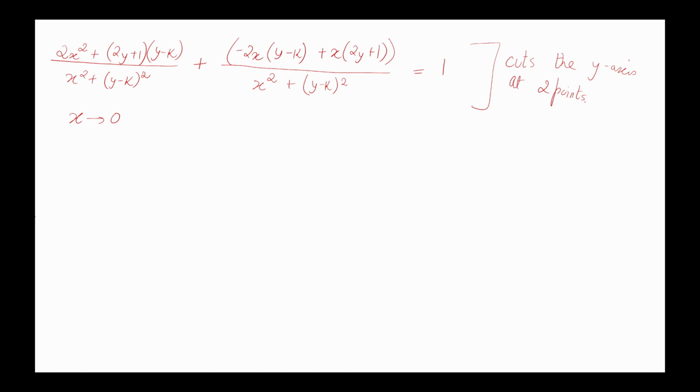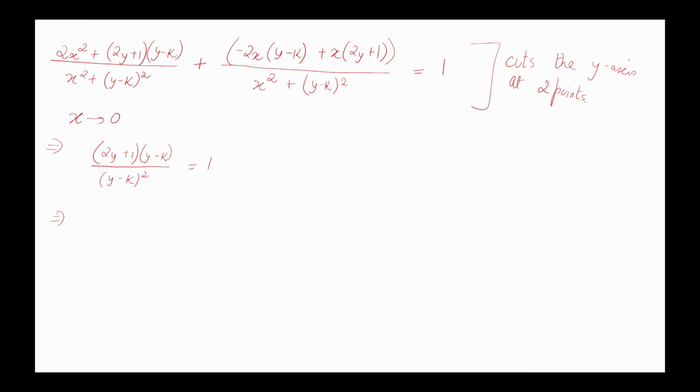If I put x as 0, this would become 2y plus 1 into y minus k upon y minus k whole square, plus here again I can take x common from both these terms, so this would become 0 and this is equals to 1.